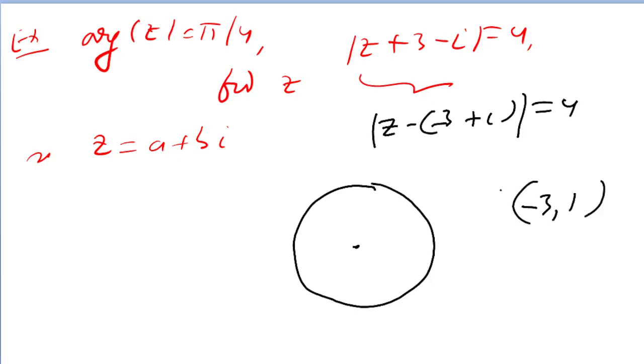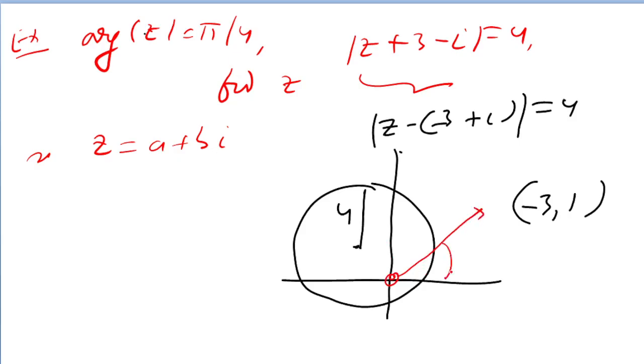Minus 3 comma 1 is the center, and its radius is given to be 4. Now they are saying that the argument of z is pi by 4. How does this look? The origin is there, and this angle is pi by 4. This argument line at pi by 4 meets the circle at the intersection point. This is the solution.